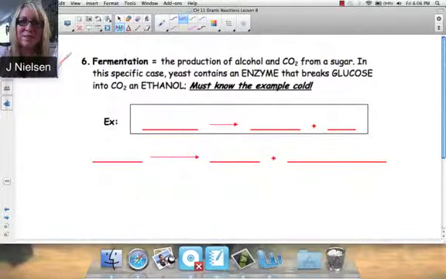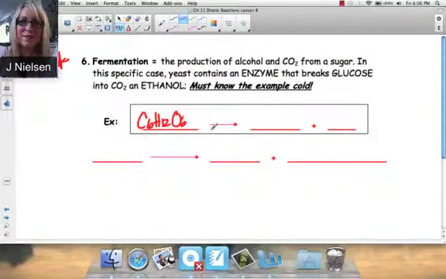Fermentation, you need to highlight this one. This one's asked every single year. Fermentation is the production of alcohol and carbon dioxide from a sugar. And the sugar is acted on by yeast, which contains a specific enzyme that breaks down the glucose. So this is always going to be sugar, C6H12O6.